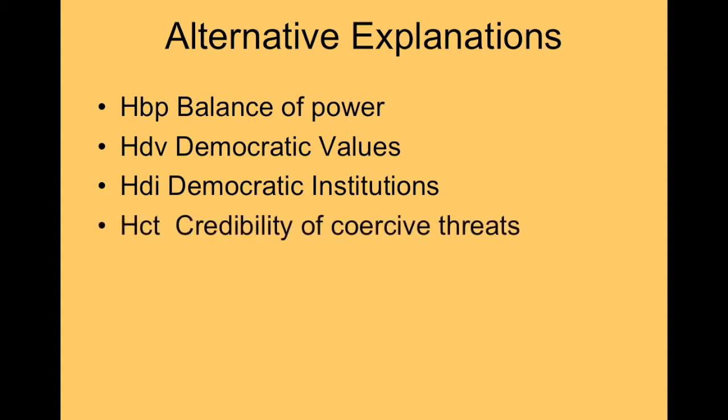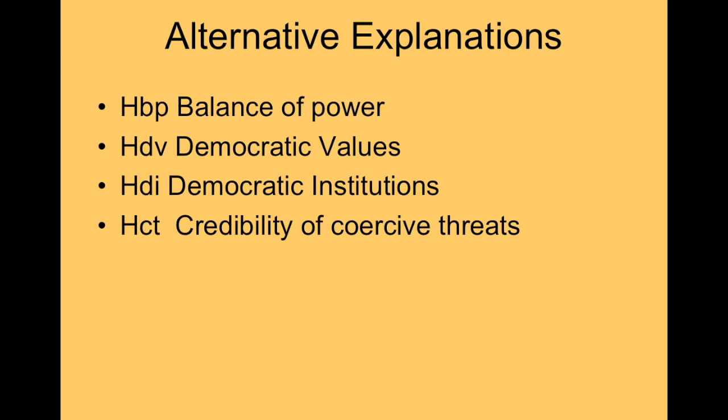And then a fourth explanation, and this is the one that Schultz is the most interested in, is that the resolution of this crisis has to do not just with relative power, but with the credibility of signals about the willingness to use military power to fight over Fashoda.